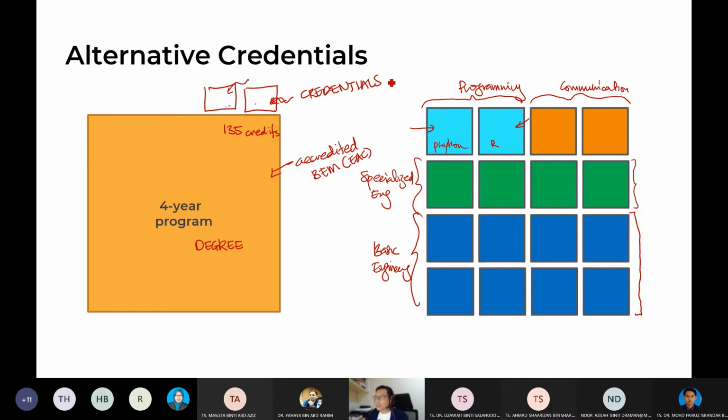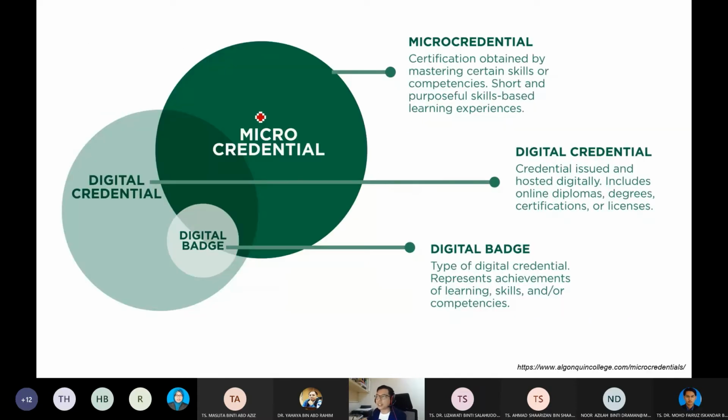Do you call this digital badges? Or micro degrees? Nano degrees, for example? So we know we can break our program into chunks and add them on top of an existing program. But how do we validate or confer the degree or nano degrees to the students? So that's alternative credentials.